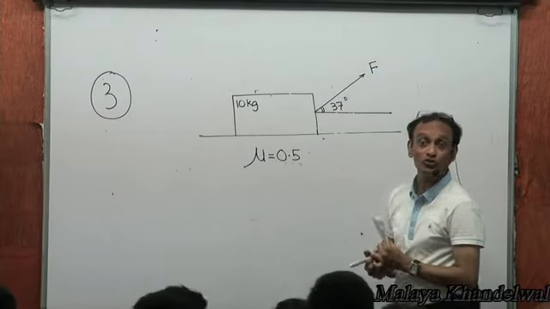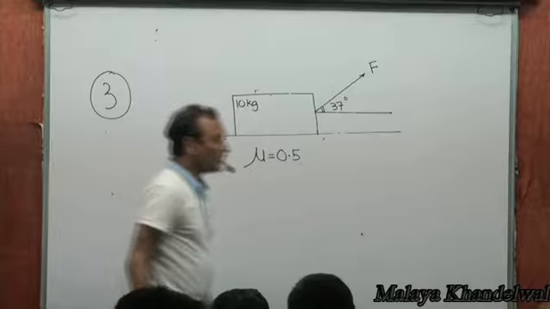Don't think that both things will happen simultaneously, right? We want to find out whether the block will first get lifted or will first begin to slide as capital F is increased. Do you understand the question? Whether it's going to slide first or whether it's going to get lifted first.